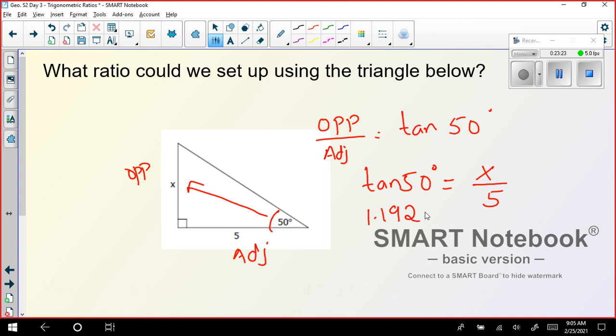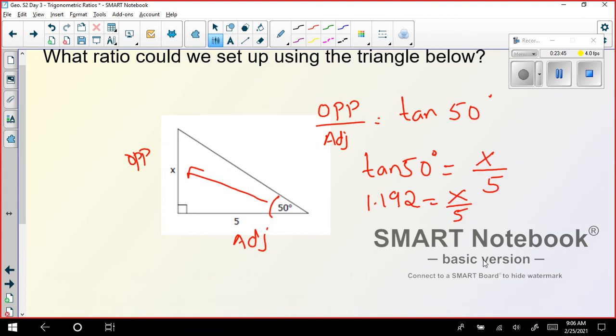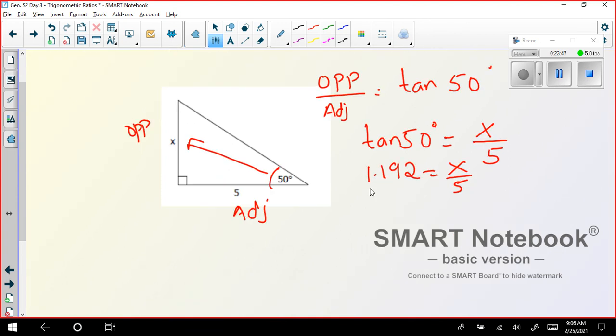1.192. This is tan 50 degrees if you put that in the calculator. Make sure you go to mode and change it if it is not near this particular answer, because it has to be degrees and not radians. And now cross multiply to get the answer for x. If there is nothing, then there is 1.